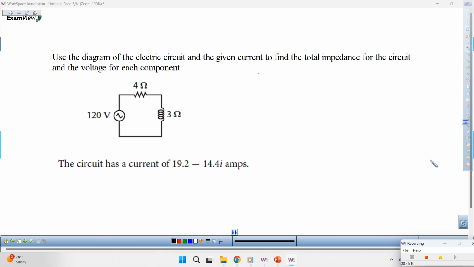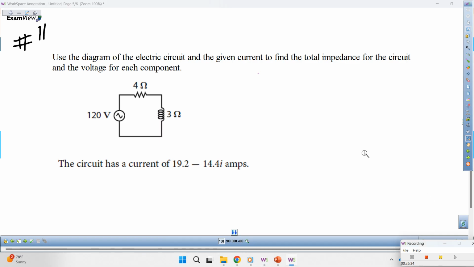Number 11 now. Let's go. Copy this circuit, please, and then write current 19.2 minus 14.4I amps. Copy the diagram. I'll give you some time.